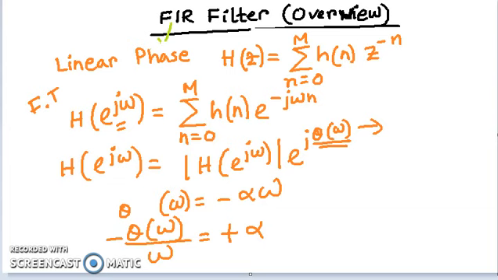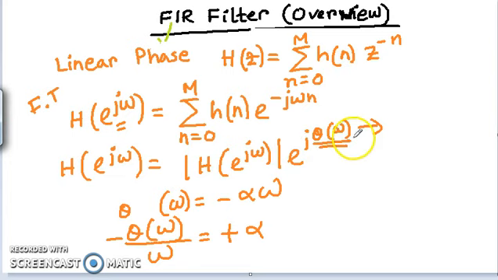Okay, so what we are doing, we are actually taking the Fourier transform of the impulse function, and we are expressing it in magnitude and phase angle, and this phase angle is a function of frequency. It is actually changing with respect to the frequency.